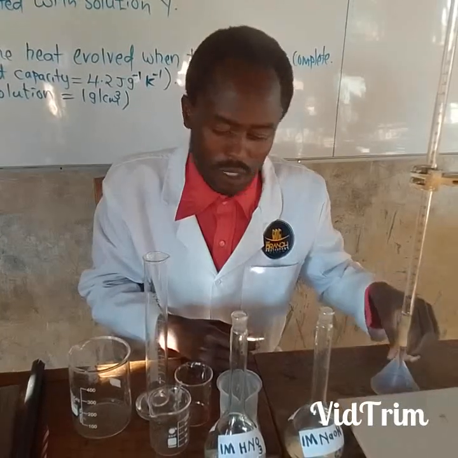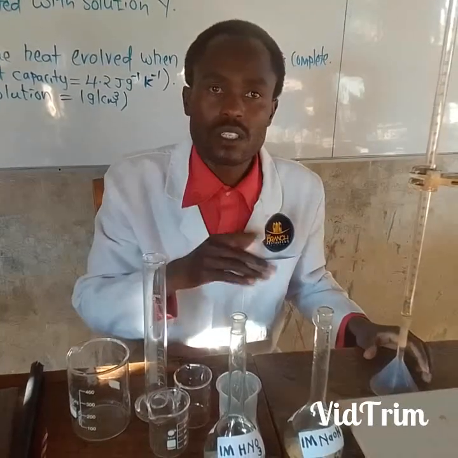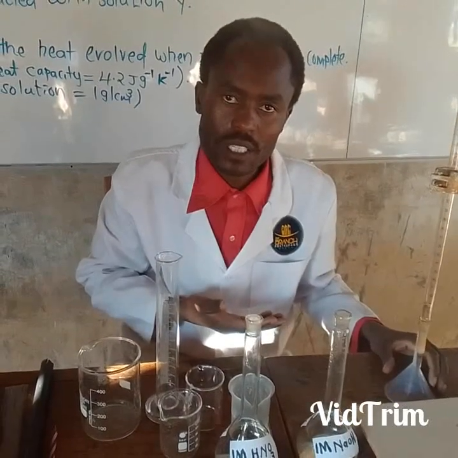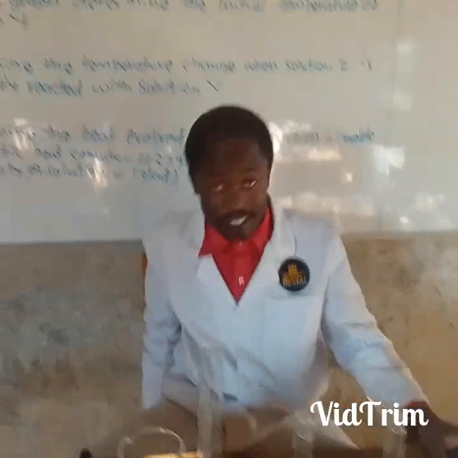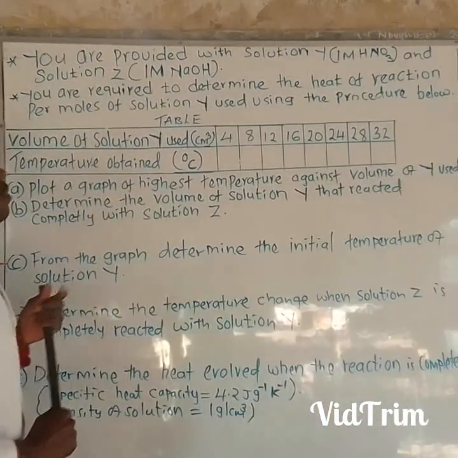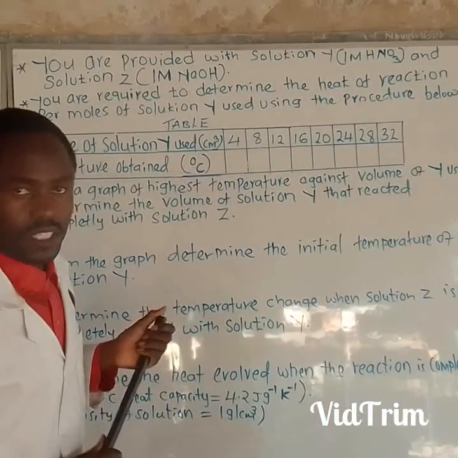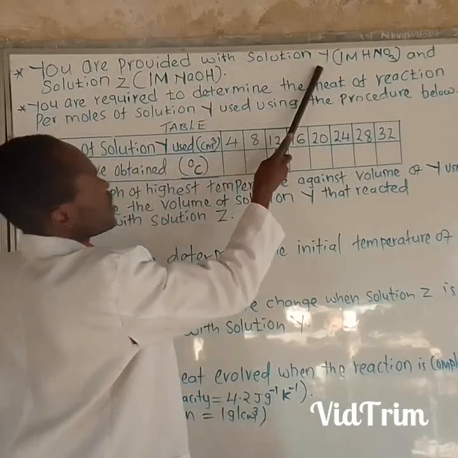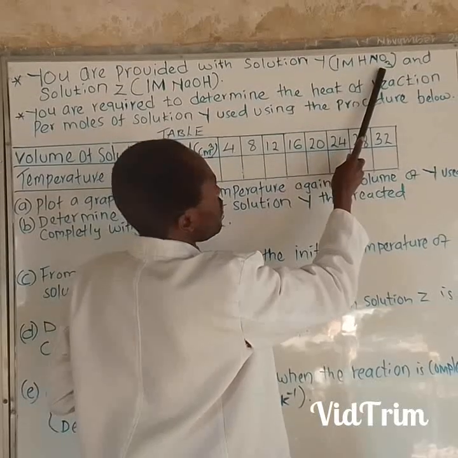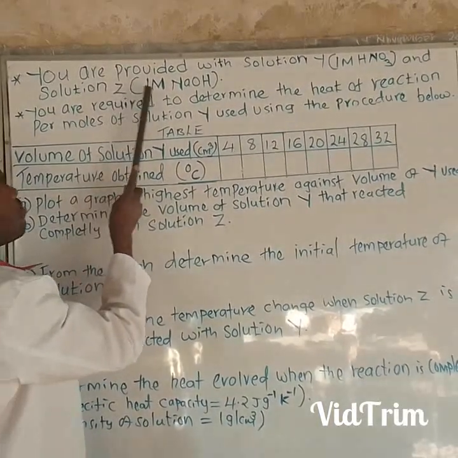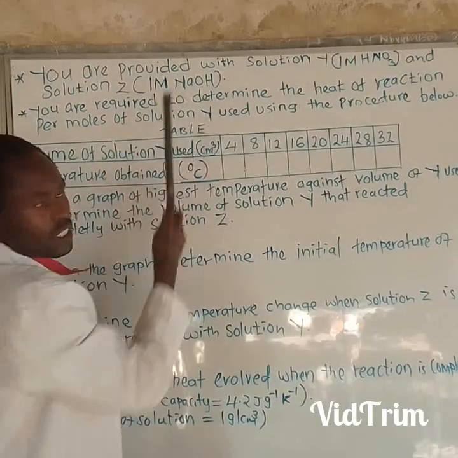Is it okay? Let me, in 1 minute, show you a sample question. We go through it. Is it okay, my student? And please, your concentration is very important. Let us read the question. You are provided with solution Y, which is 1 molar nitric 5 acid, and solution Z, which is 1 molar sodium hydroxide solution.